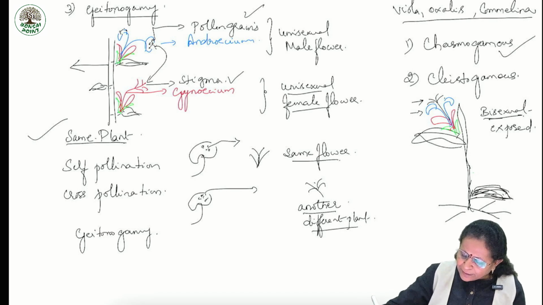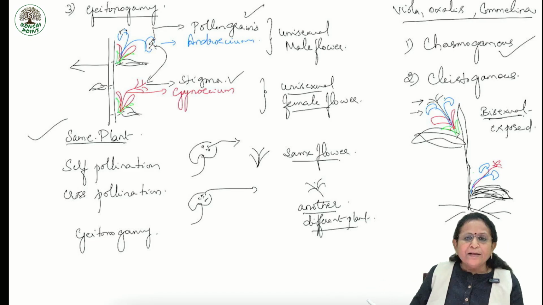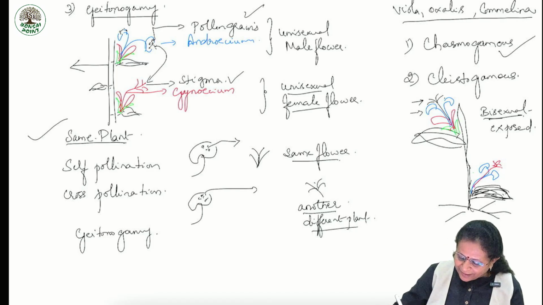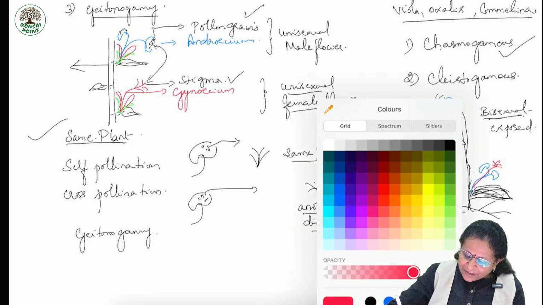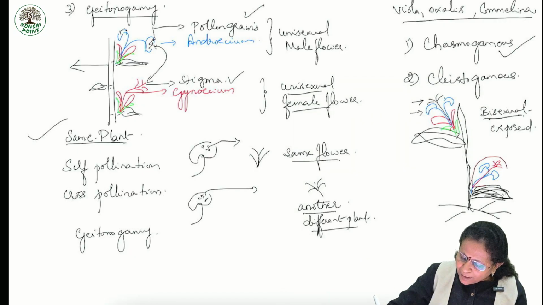Yes, have a look here. This is the androecium. This is the gynoecium. Something special here. You'll see that both androecium and gynoecium are covered by corolla and this is the calyx.